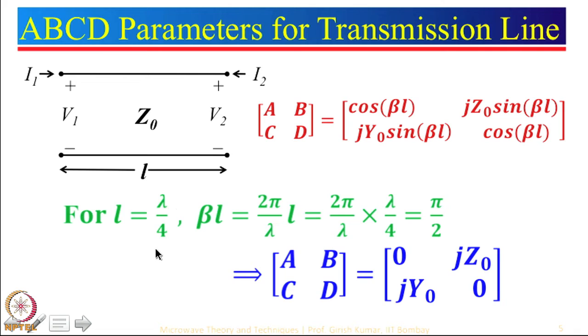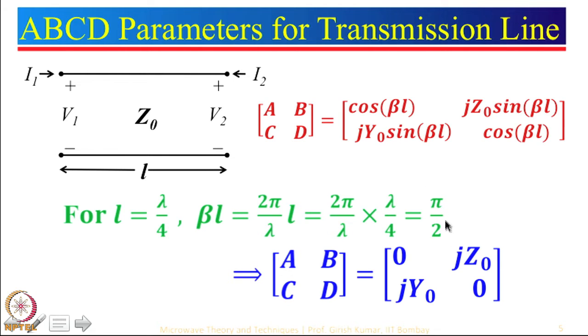We will take one special case, as we will see later when we take more circuit examples, that this will be one of the special cases which will come up several times. So, let us look at that right now. When the length is equal to lambda by 4, if you substitute L equal to lambda by 4, what will happen to beta L? Beta is 2 pi by lambda, and L is equal to lambda by 4, so we substitute that.